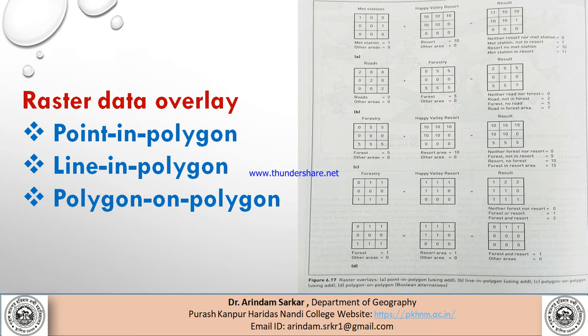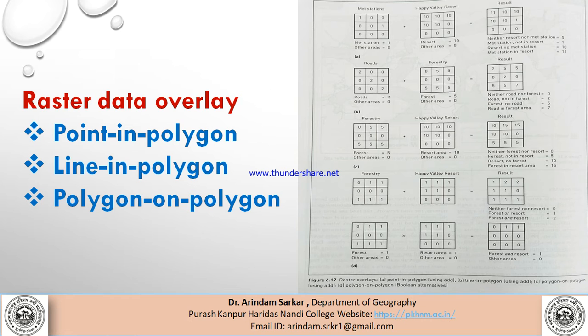Therefore, the methods of performing overlay are different from those of vector GIS. Raster map overlay introduced the idea of map algebra and mathematics. Using map algebra, input data layers may be added.